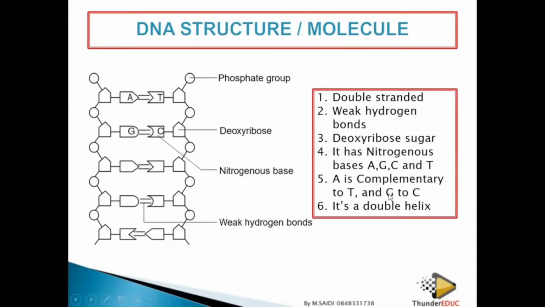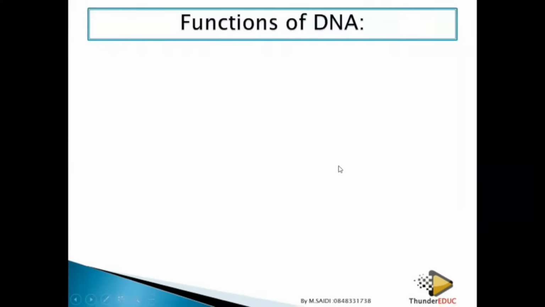Then complementary bases, because this one is double-stranded, this one goes with this. Then it means that RNA has no complementary bases, unless it's complementing with DNA. So we will see that when we are trying to translate it. DNA is a double molecule, it's a double helix. RNA doesn't form any helix, because it's a short thing and it's a little bit straight. So basically that's the structure of DNA.